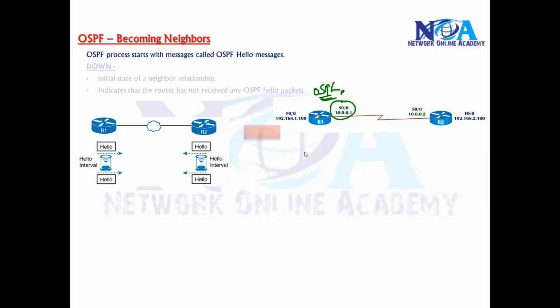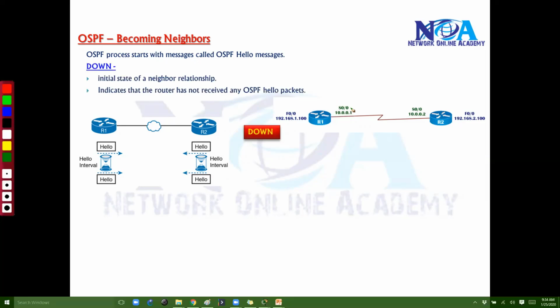But before it starts sending the hellos, let's say I have just configured OSPF on this side and I have not configured anything on the other side. Basically, this stage is the down state, a kind of initial neighbor relationship state where both routers are completely strangers, or it indicates that I'm not receiving any hellos from the neighbor.